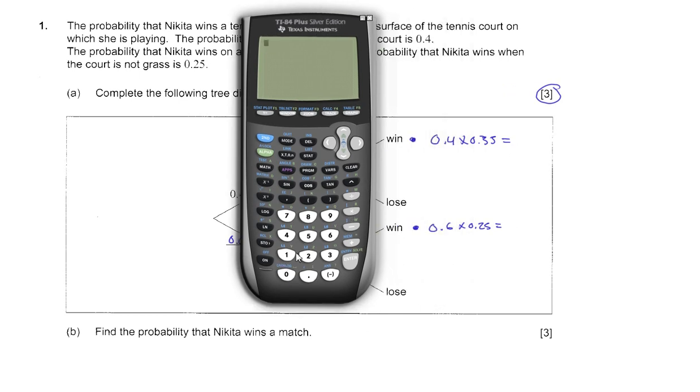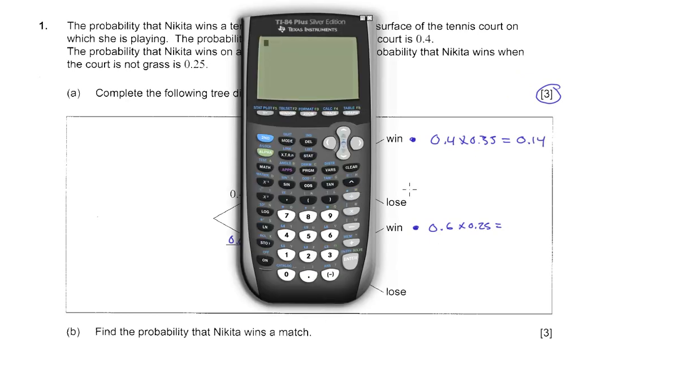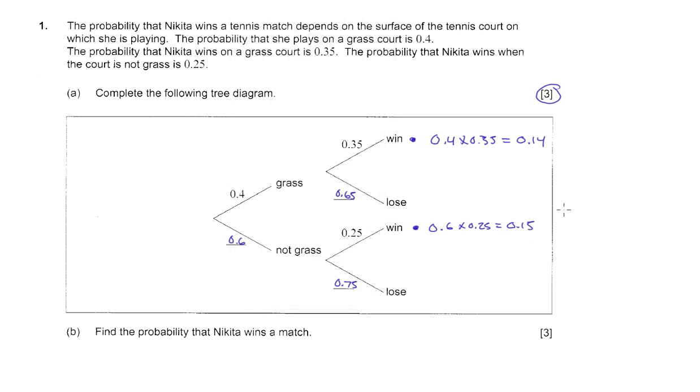All right, so 0.4 times 0.35 gives us 0.14. And for the other one, 0.6 times 0.25 gives us 0.15.